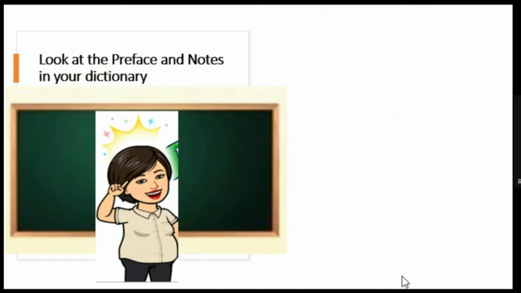Now, there are a few tips that I will share about using the dictionary. First one, look at the preface and notes in your dictionary. The preface and the notes will explain to you what can be found in the dictionary, the various symbols that you will encounter as you open your dictionary, and also abbreviations.